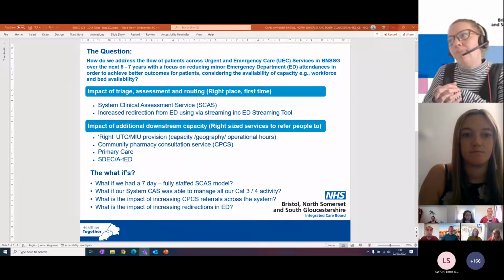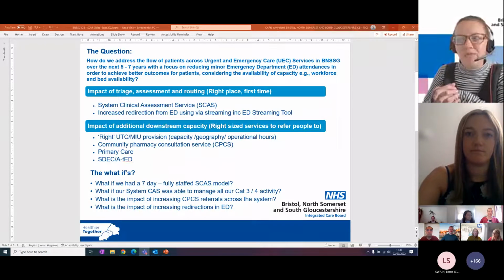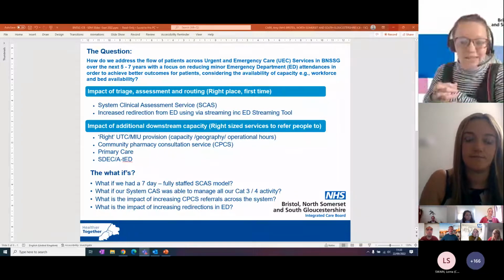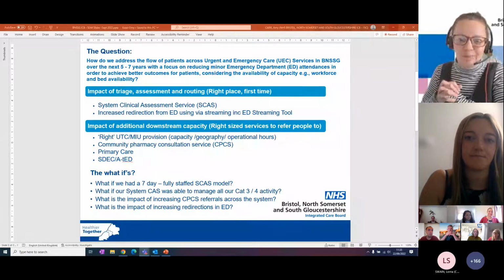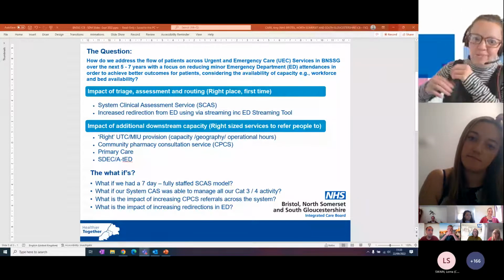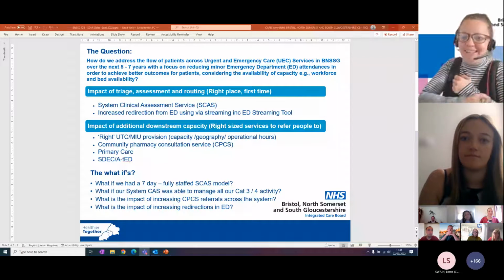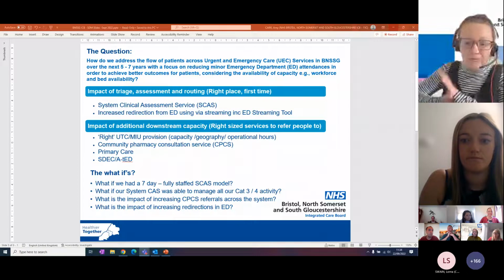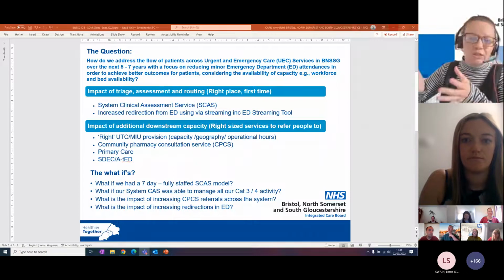The other part was the impact of having the right downstream capacity in our system, which we all know is vital. It's all well and good having something shiny to direct people to, but if there's not the right services at the end of it, it doesn't work very well. So that's about looking at our UTC and MIU provision. Are they the right size?